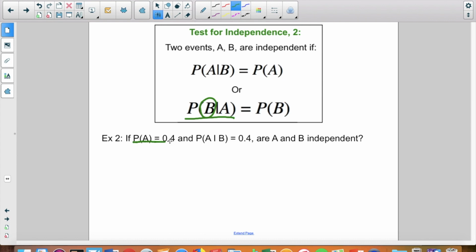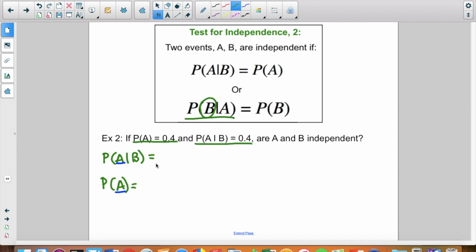It says if the probability of A is 0.4 and the probability of A given B is 0.4, are they independent? Well, let's see. In this question, we are using the first one. So we need the probability of A given B, and we need to find the probability of A. A is the first letter there, which is why we're finding the probability of A, to see if they're independent.